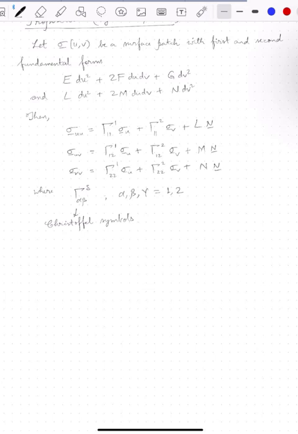And so what is the physical explanation for such Christoffel symbols? What do they actually represent? That is the question that comes to mind.